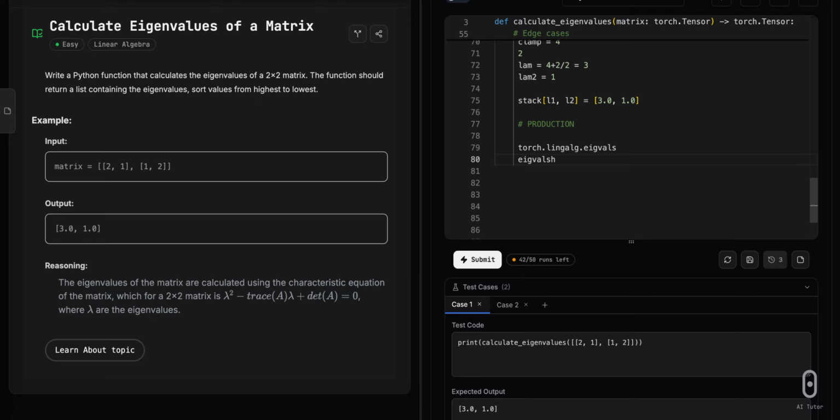These also get dispatched to fused LAPACK or cuSolver kernels. I have worked with this, and cuSolver is basically NVIDIA's GPU linear algebra library, and they handle batch inputs of shape B by M natively. So this would be one thing. And for massive symmetric eigen problems, we have graph Laplacians and covariance matrices that we use in principal component analysis.